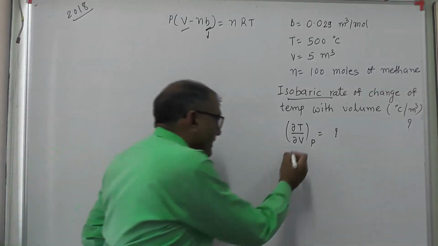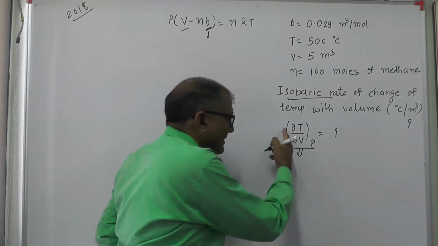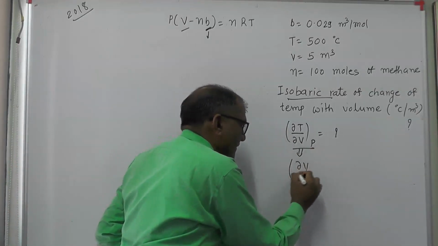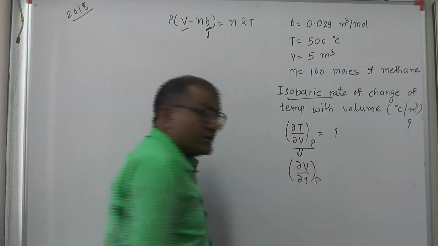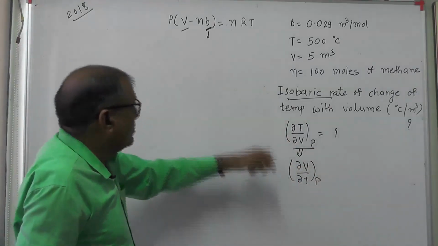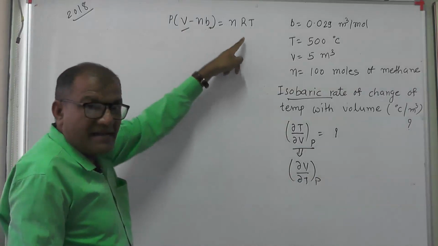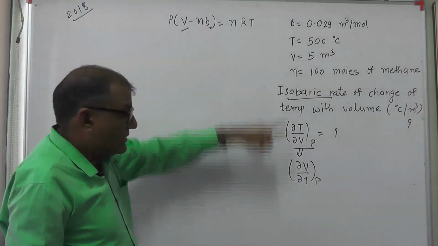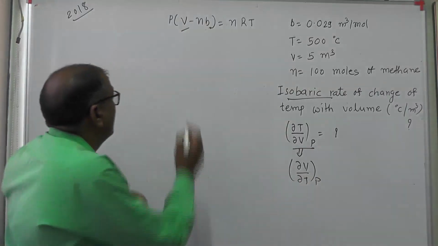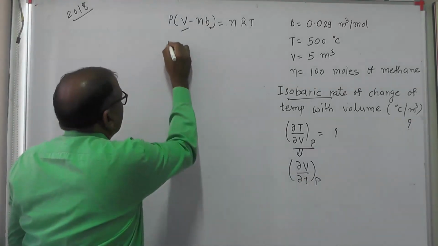Instead of that, if I take the reciprocal of this one, then it would be easier. So here I am going to take the derivative on both sides with respect to temperature, keeping pressure constant.